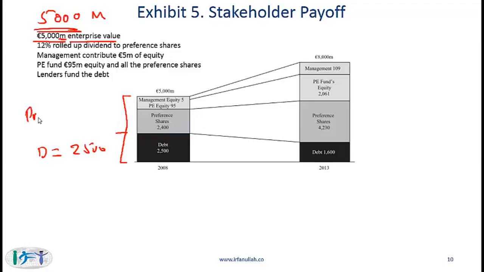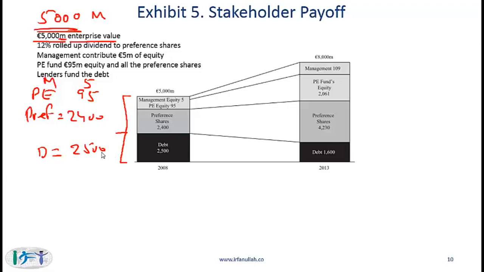So the preference shares, 2,400. This is the value of the preference shares held by the private equity firm. What is left is 100. So with the 100, we are saying that the common equity for the private equity firm is 95, and the management team of the company gets common equity of 5 million. Right? So that explains the entire enterprise value of 5,000.